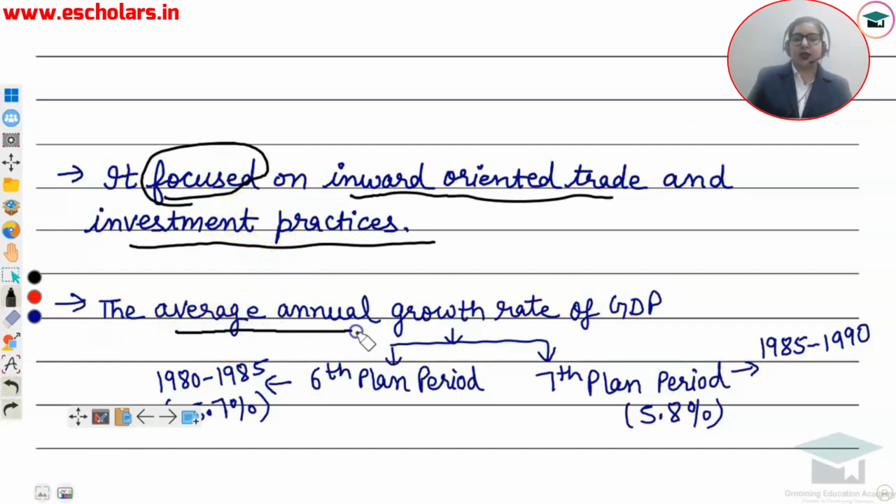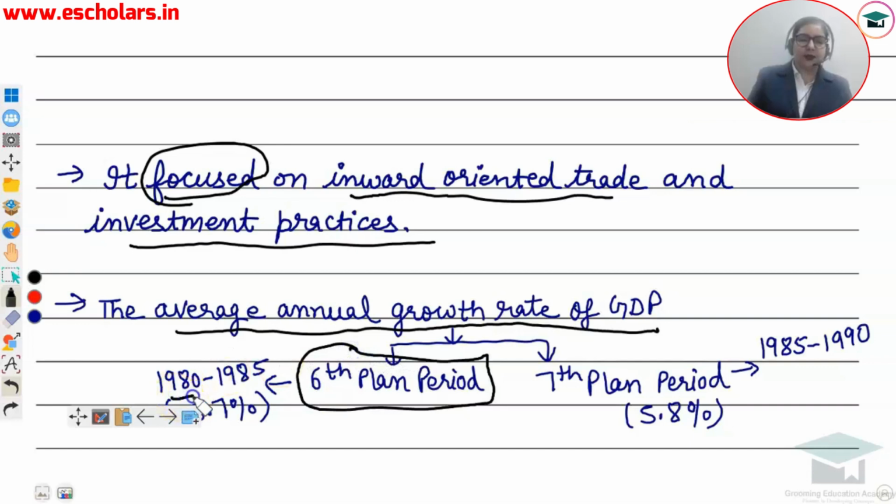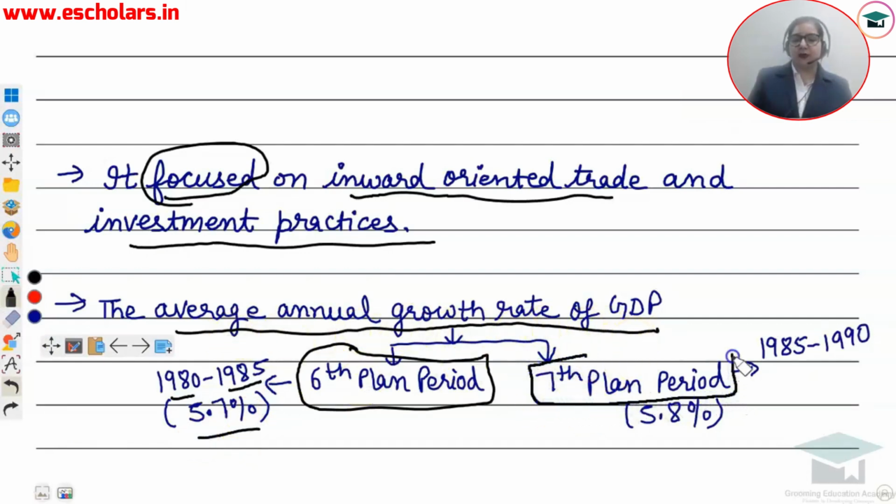Next, average annual growth rate of GDP under the sixth plan period, that is from 1980 to 1985, was 5.7%, whereas the average annual growth rate of GDP under the seventh plan period, that is from 1985 to 1990, was 5.8%.